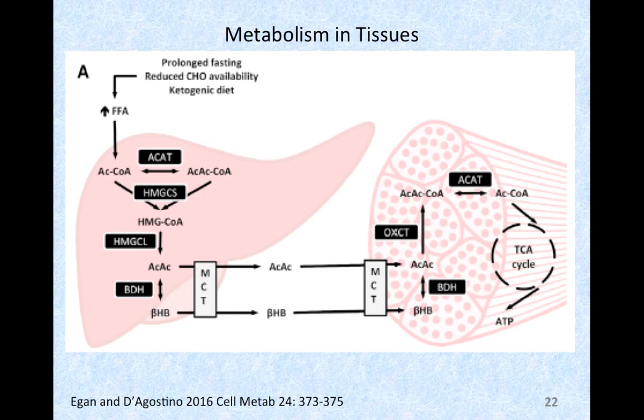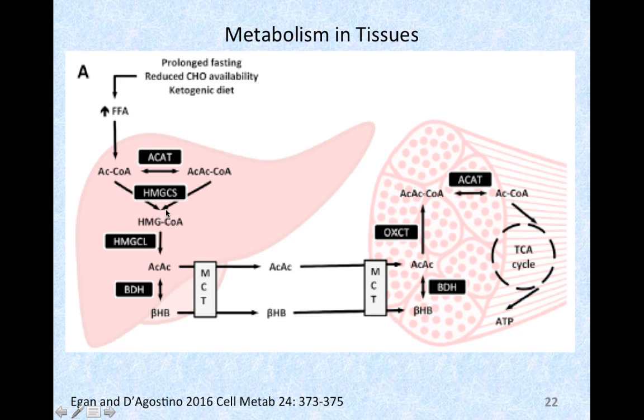Okay? Now, let's look at a couple more things here. So this is, again, metabolism in tissues of these ketone bodies. For example, here's our prolonged fasting, reduced carbohydrate availability, or ketogenic diet. We have an increase in free fatty acids here. The fatty acids go into the liver, they become acetyl-CoA, and then here's our HMG-CoA synthase, which makes our HMG-CoA. Remember, some of the acetyl-CoA becomes acetoacetyl-CoA, and then these two molecules basically can interconvert.